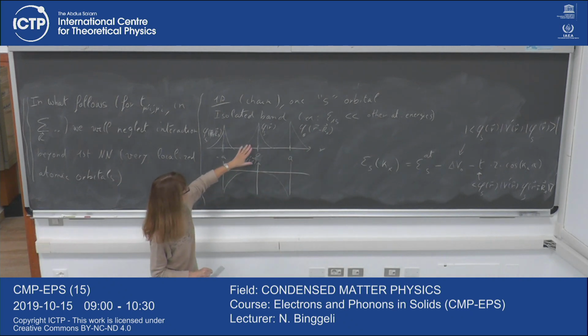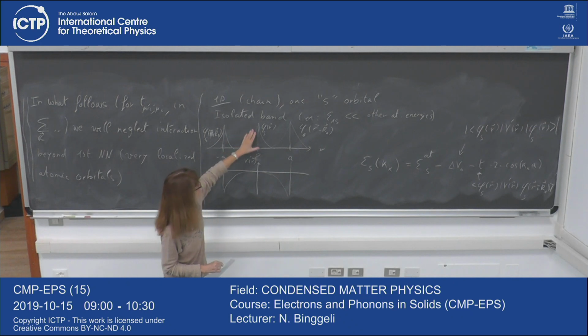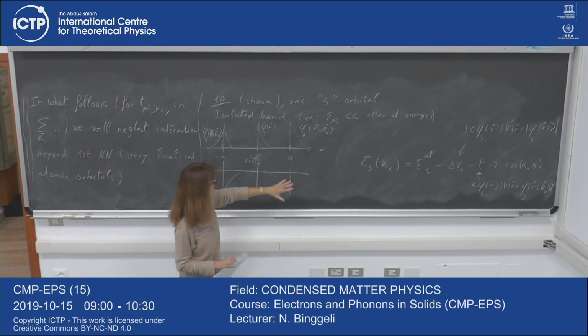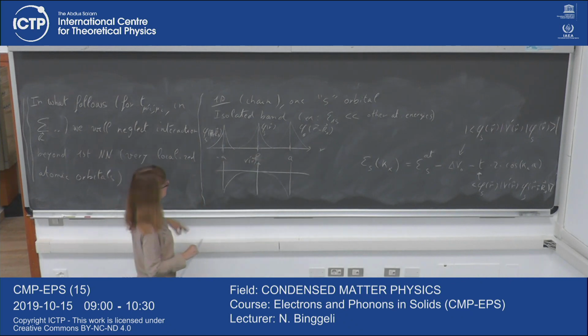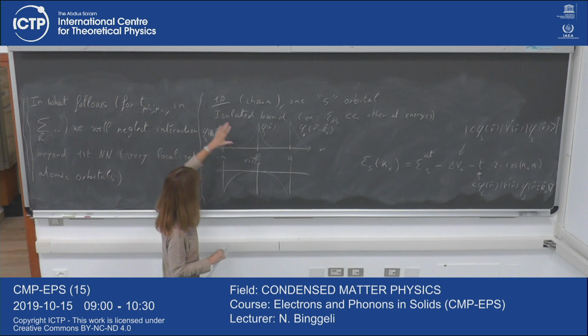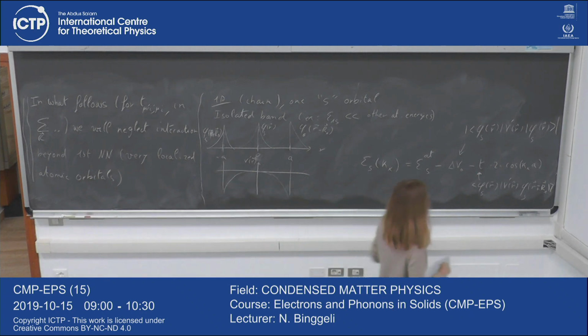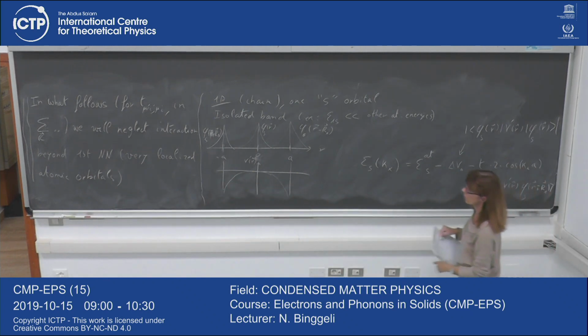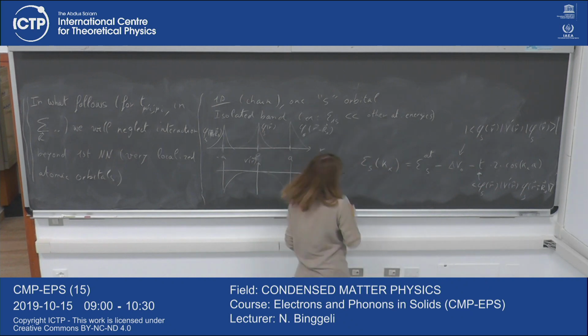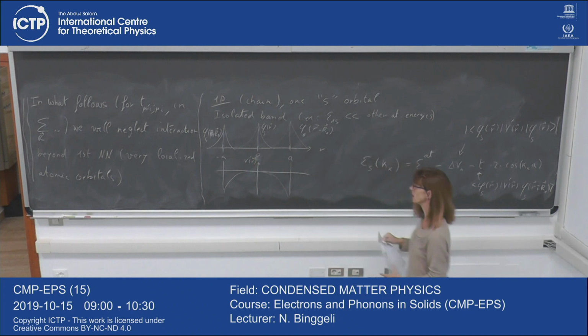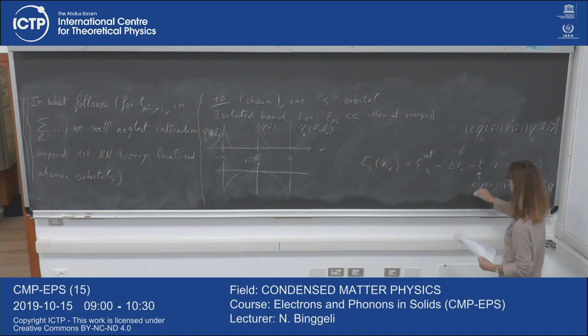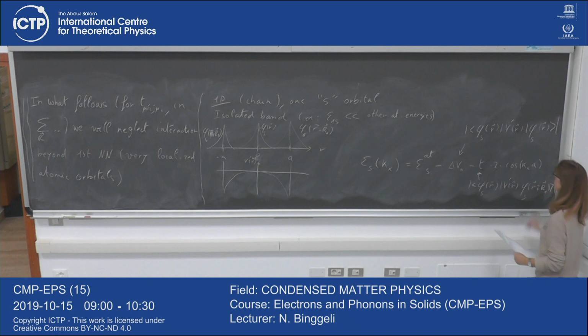And of course, if I do it, this function times this function times this potential, and I integrate, I will get exactly the same thing if I take this function, and times this, and I integrate. So I will get the same value. I know that my matrix element in each case will be negative because the crystal field is negative here. So I put a minus, and I'm getting this.